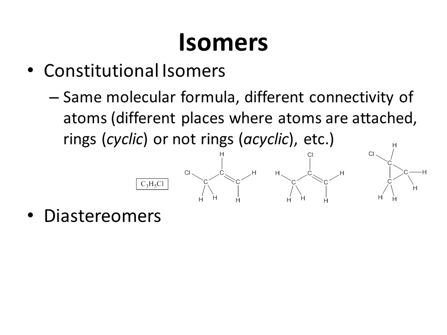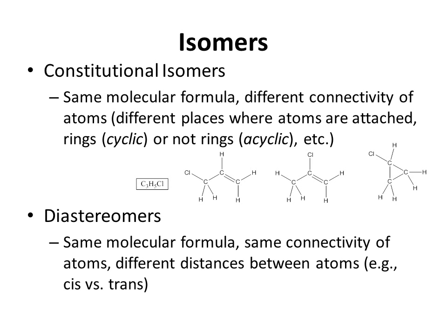Diastereomers have the same molecular formula, but they also have the same connectivity of atoms. So you wouldn't go from acyclic to cyclic. You wouldn't change the positions of the atoms, but you can change the distances between the atoms. And here's an example. Again, with C3H5Cl, you have a situation in the first case where the CH bonds in red are diagonally across from each other on the double bond.